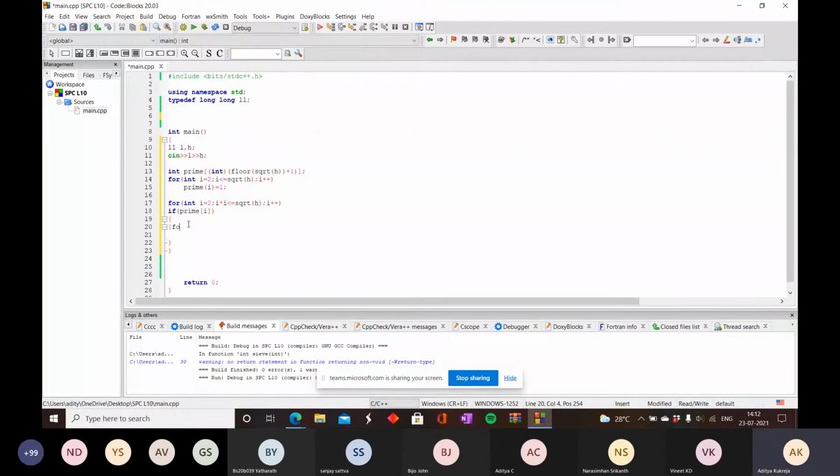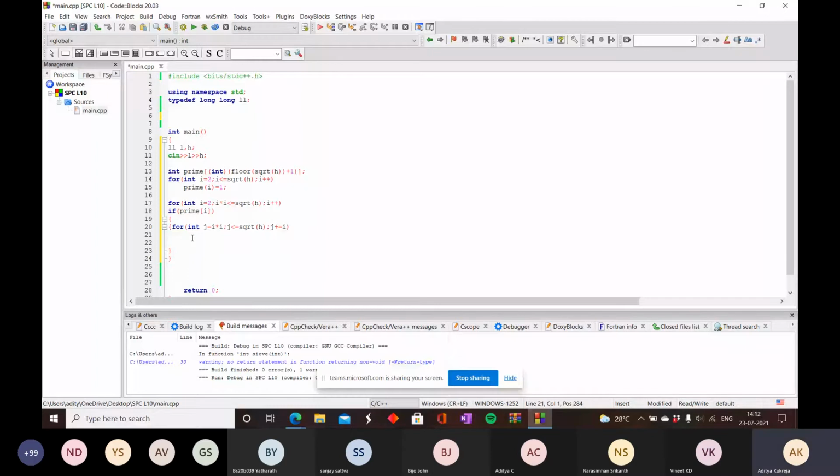So now we're running a usual sieve algorithm. We start j from i into i, and j is less than or equal to the last element, which is square root of h, j plus plus. And we'll just cross out j plus equal to i, all the elements.